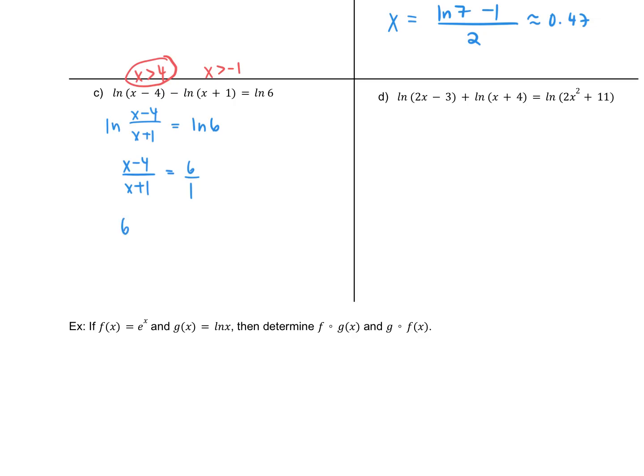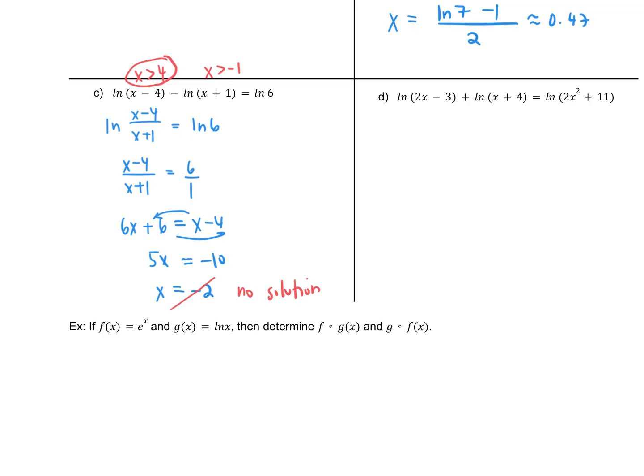So 6 times x, 6 times 1 equals x minus 4. And now we just have a linear equation, and we need to bring things over. And we get -2. Now, if we look at our restriction, this does not satisfy it, so there's actually no solution. So it is important that you are checking your restrictions, because sometimes you'll be able to solve the equation, but the answer doesn't actually work.